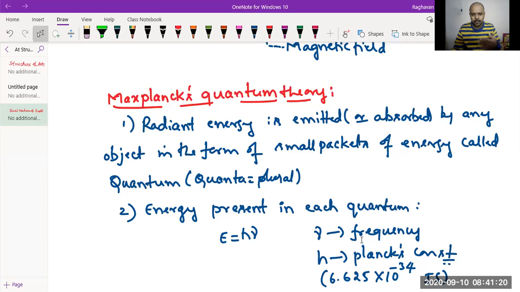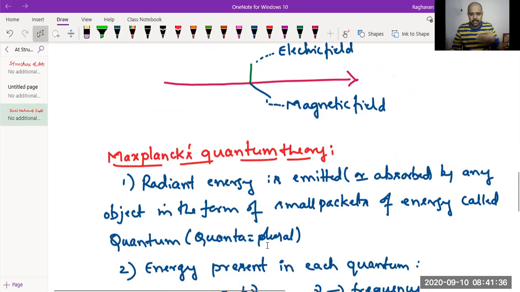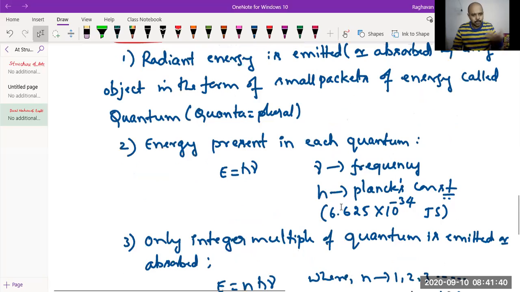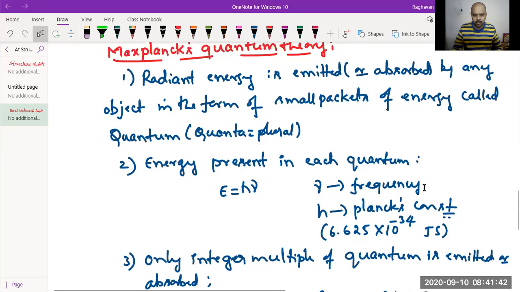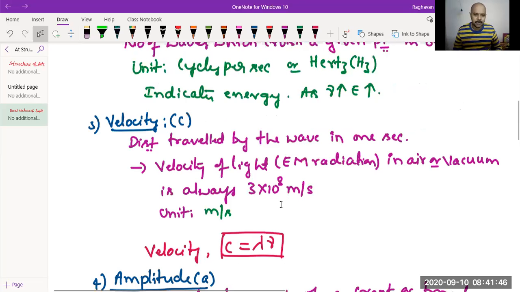Radiation was found to be deflected by external magnetic and electric fields, so Maxwell concluded that light must also have electric and magnetic field components. Similarly, to explain phenomena like the photoelectric effect, Planck's quantum theory is used. So this is about different concepts of light.